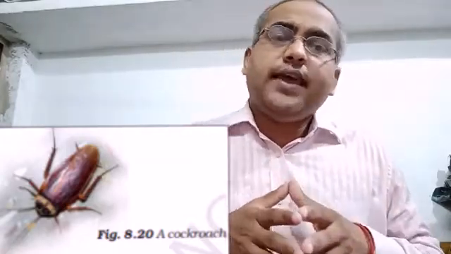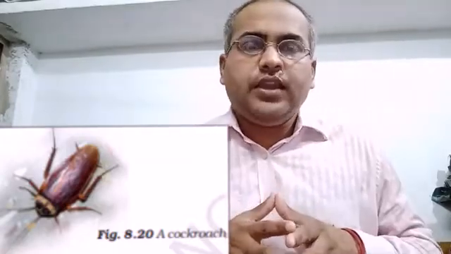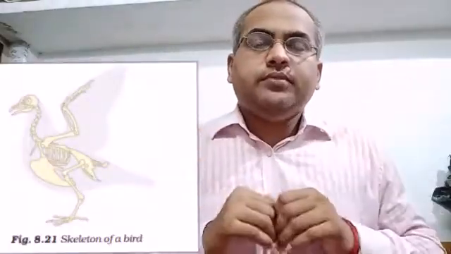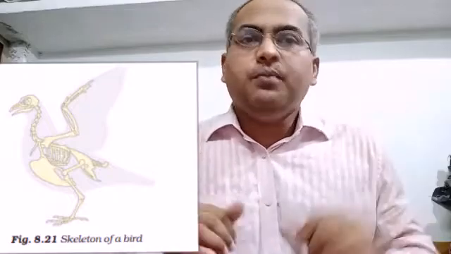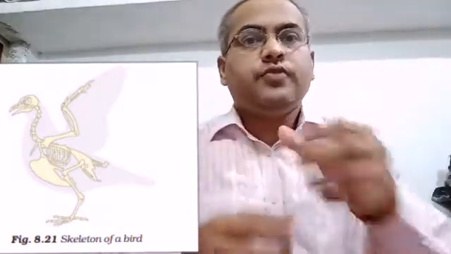Insects walk with the help of these 3 pairs of legs. When they walk, some legs support them and some legs help them move. It is observed that 2 legs on one side and 1 leg on the other side, so 3 legs help them stand and 3 legs help them move forward. This is how an insect moves.